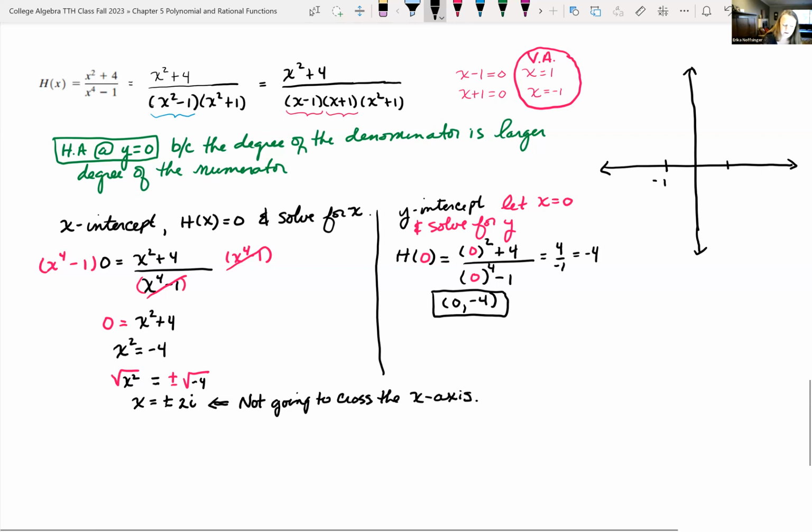We had vertical asymptotes at x equals -1 and x equals +1. We had a horizontal asymptote at the x-axis, y equals 0. And we had a point at (0, -4).